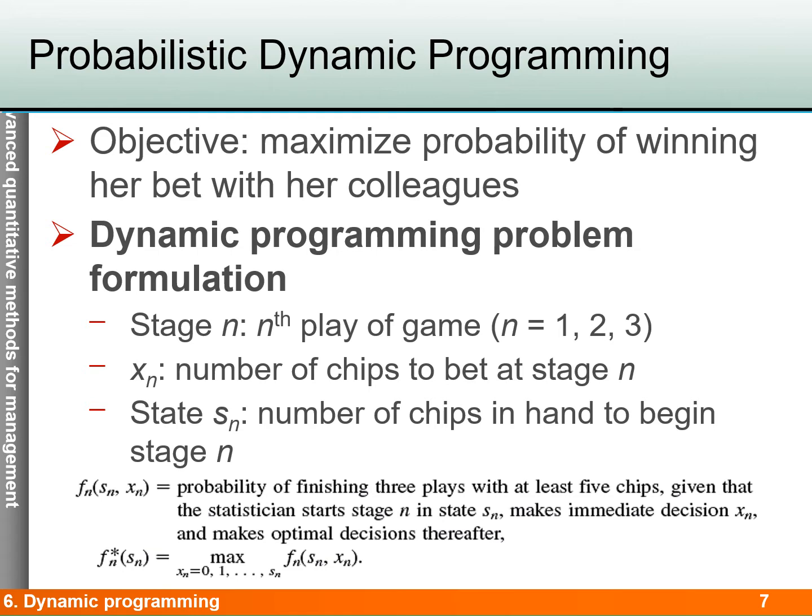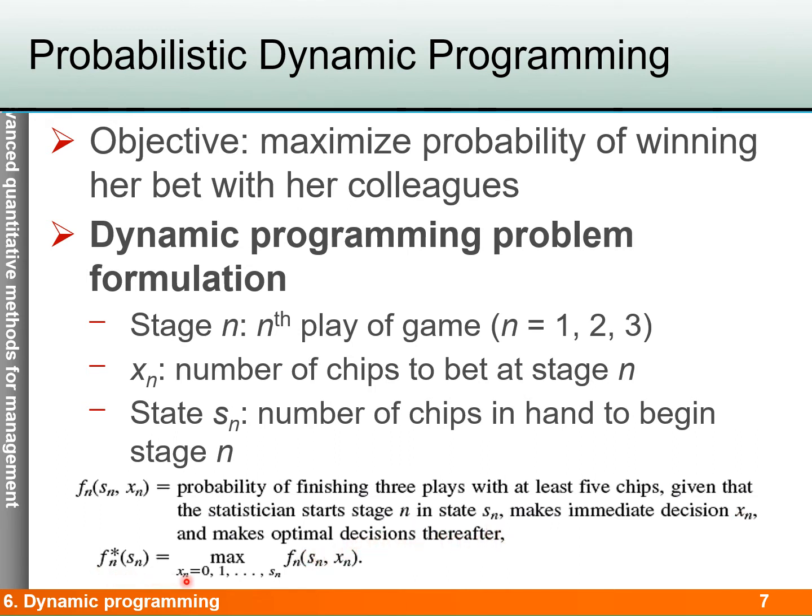So fn(Sn, Xn) is the probability of finishing 3 plays with at least 5 chips, given that the statistician starts stage n in state Sn, makes immediate decision Xn, and makes optimal decisions thereafter, for sure.